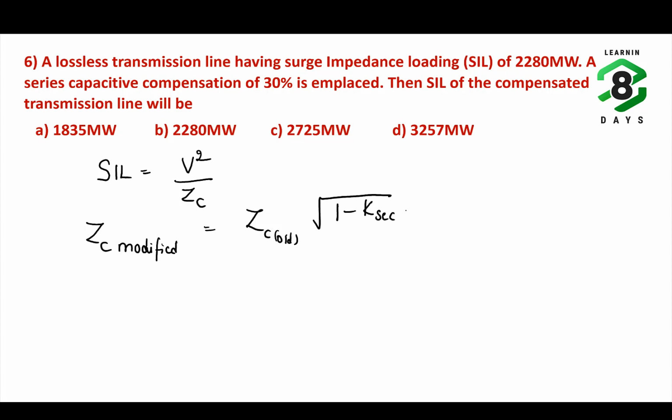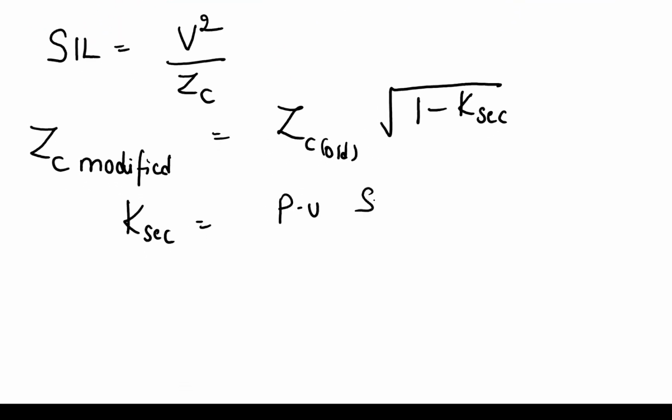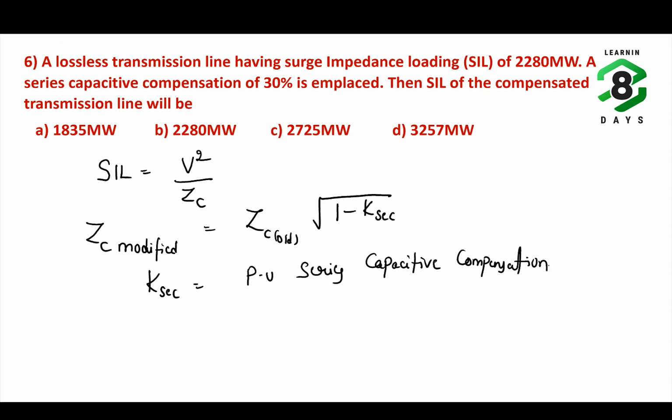So in this relation, what is KSEC? KSEC is the per unit series capacitive compensation. So what is the value here? 30% is the percentage compensation. So per unit compensation becomes 0.3.